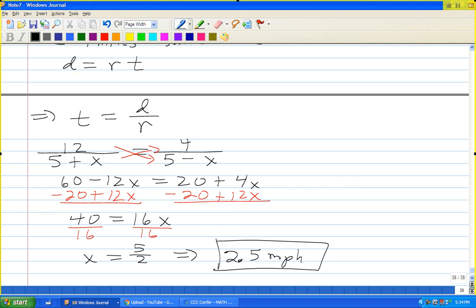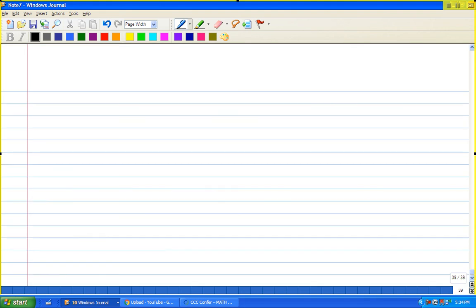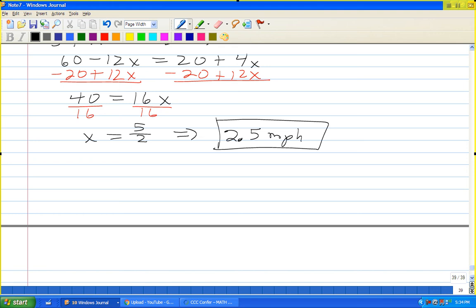Let me do problem number 48. Use the properties of exponents to simplify the expression. Okay, so let's do that. So problem number 48.